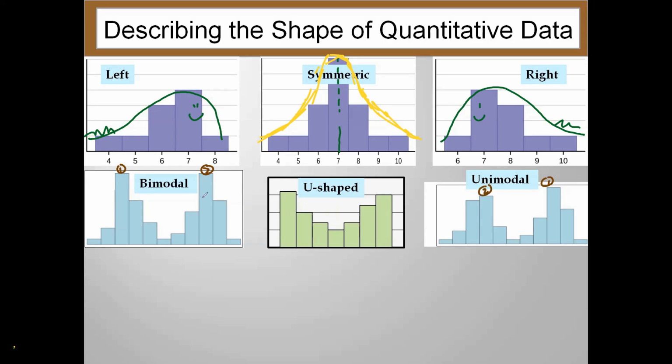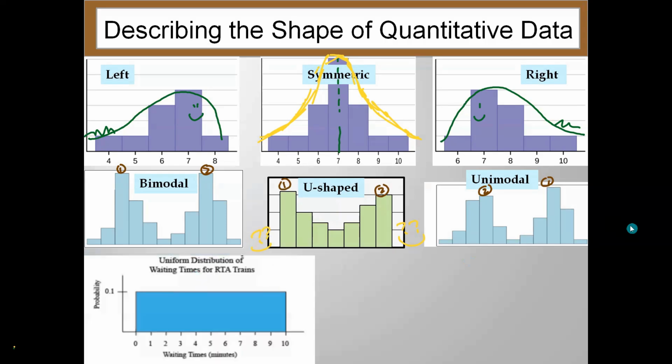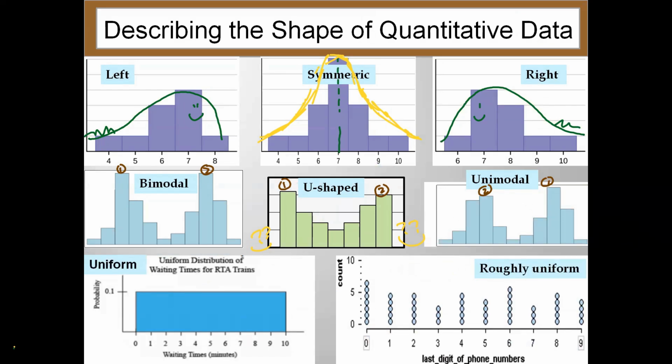Then we have our U-shaped graph, which is an extreme situation where there are no extra values on the sides. Then we have our uniform distributions. We have a nice rectangular shape, and we have our roughly uniform where we can draw a rectangle on top of it, and that's describing the shape of our distributions.